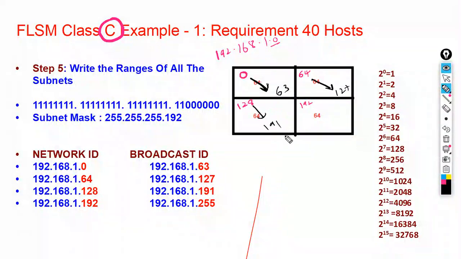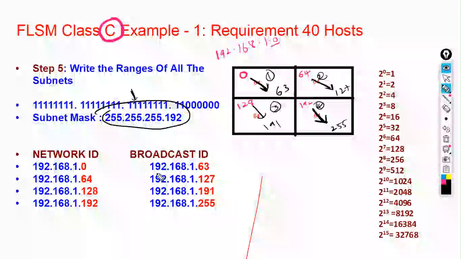And the next is 192 minus 1, 191. And guys, always 255 for the last broadcast ID. So these are the 4 different subnets now, and they will not communicate with each other if you use this subnet mask. Okay, we will see how it works also.